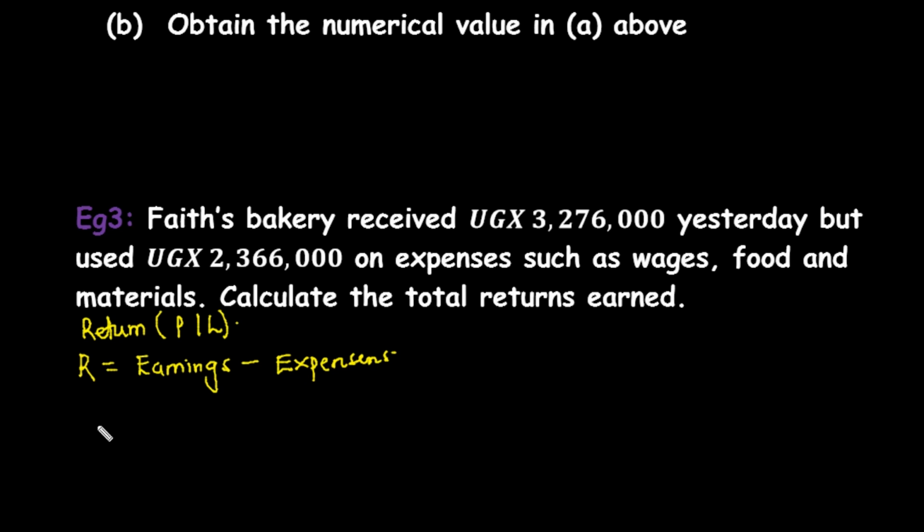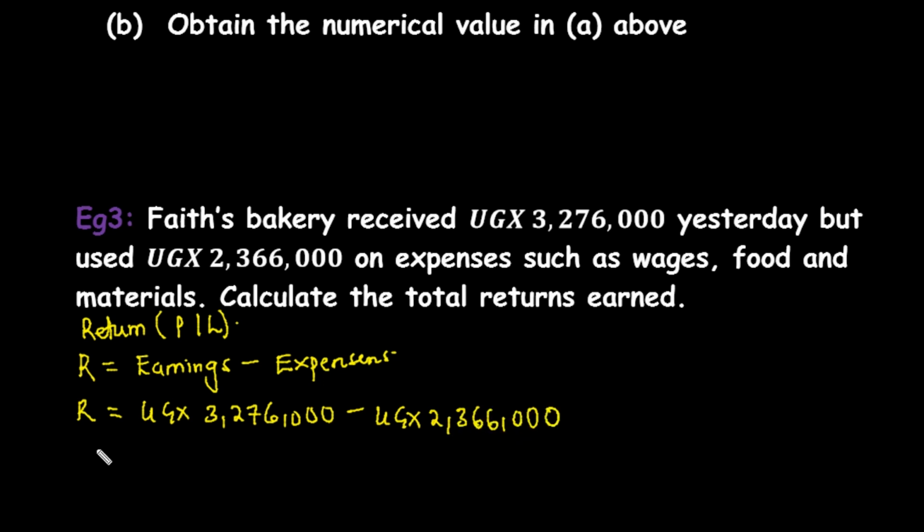Is that okay? So now a return is equal to, what is the earning? 3,276,000 Ugandan shillings minus, what is the expense? It is 2,366,000 Ugandan shillings.